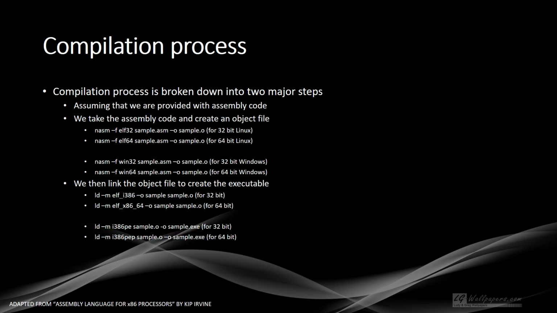Here it's ELF32, as we know that for 32-bit Linux the binary file has the structure of an ELF. So we will say ELF32. We will then provide it the file, let's say sample.asm, and in return we want it to give us an object file, which we will also name. Here for example it is sample.o.